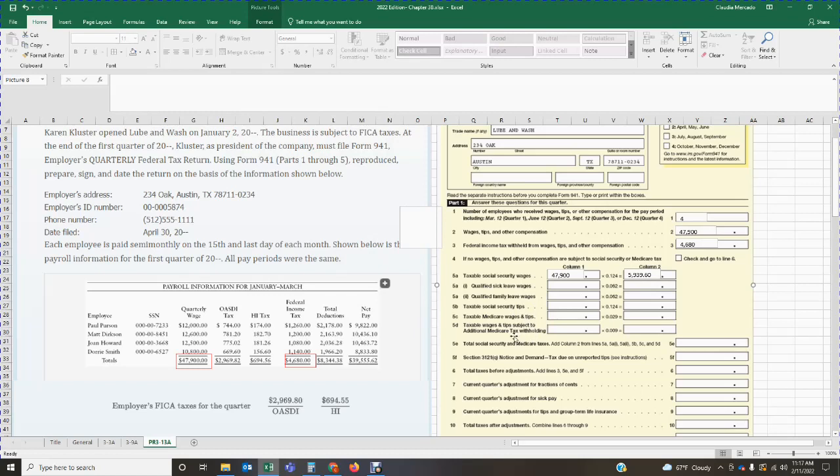Okay. Now, taxable Medicare wages and tips. For Medicare purposes, what are my taxable Medicare wages and tips? So, we don't have tips, but we do have wages. The previous line was for Social Security. This is for Medicare. Okay.